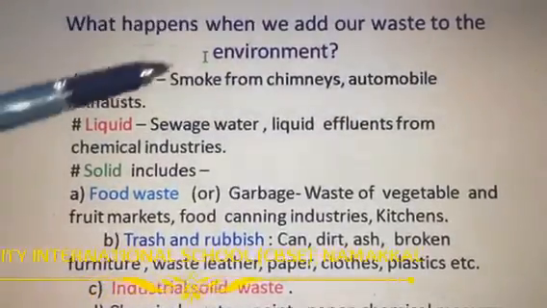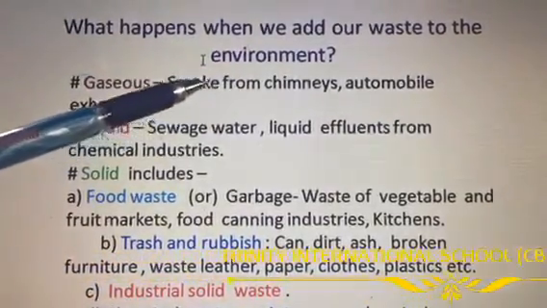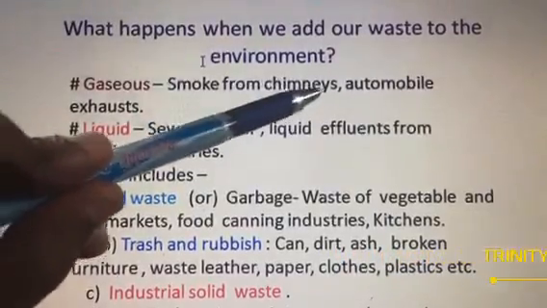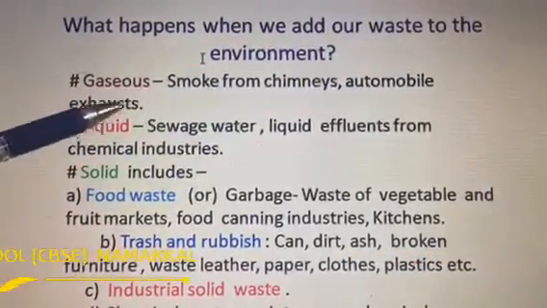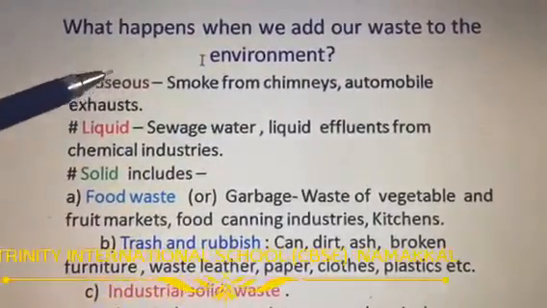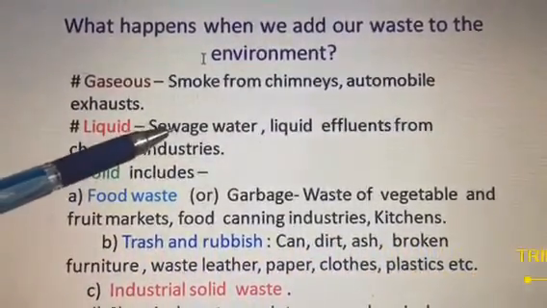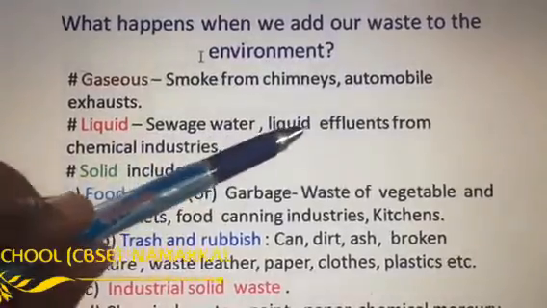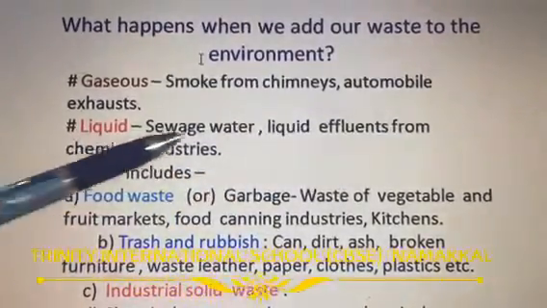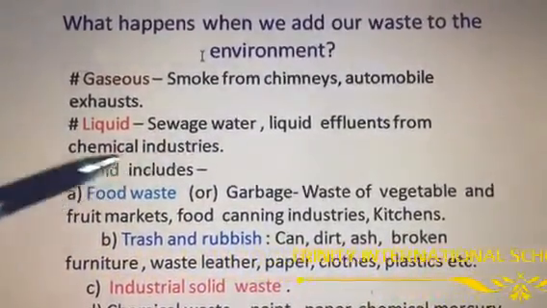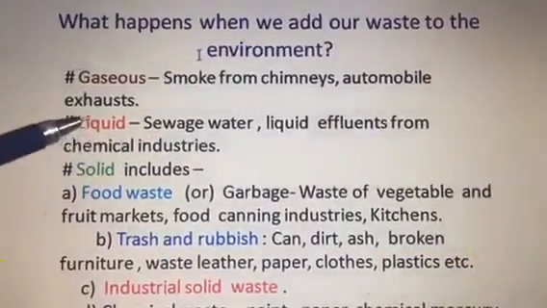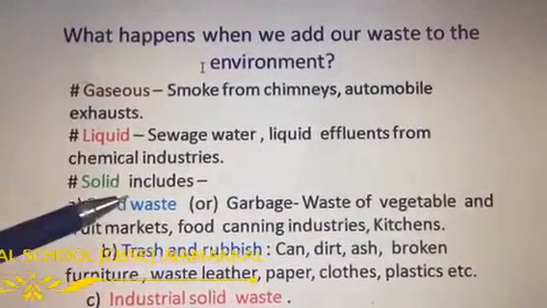The first state, gaseous: smoke from chimneys, automobile exhaust. These are considered gaseous waste. Liquid waste: sewage water, liquid effluent from the chemical industries. The waste from the chemical industry is considered liquid waste.